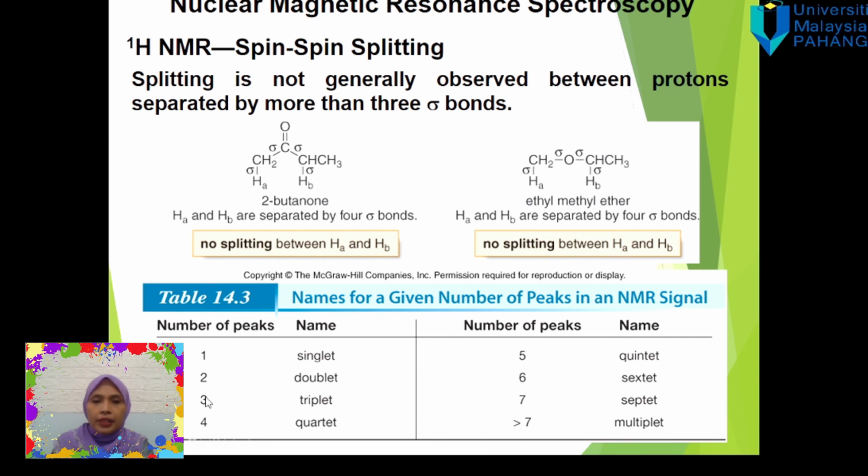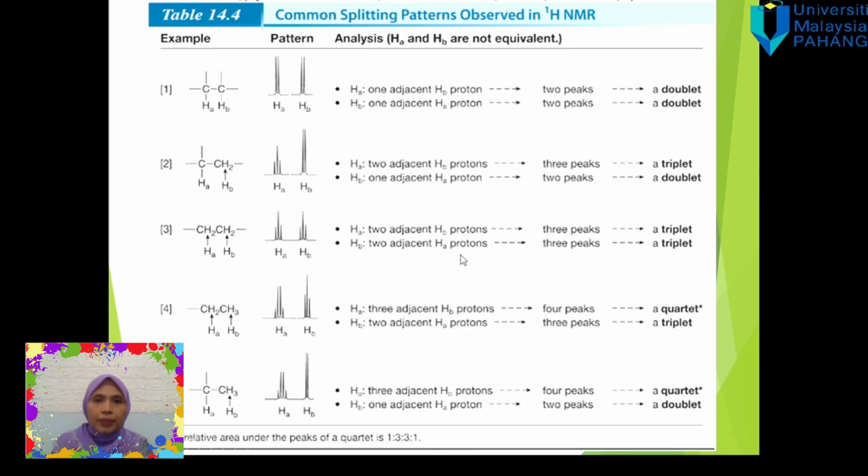So for the peaks of the splitting pattern, if 1 we call it a singlet, 2 is a doublet, 3 is a triplet, 4 is a quartet, 5 is a quintet, 6 is a sextet, 7 is a septet, and more than 7 we consider a multiplet. And this is how I showed you just now how we can identify the splitting pattern.